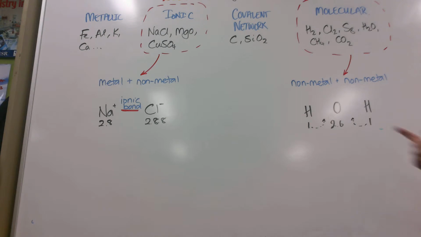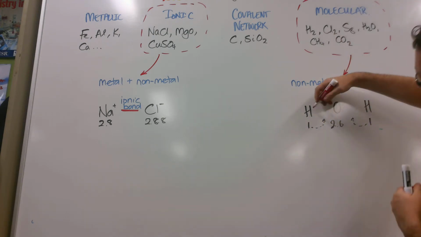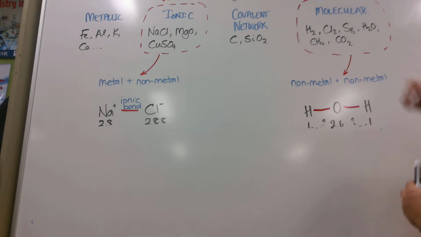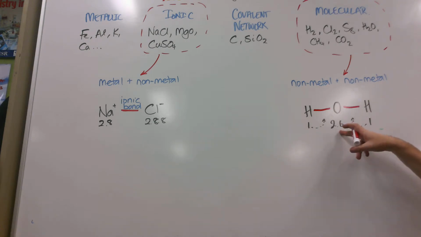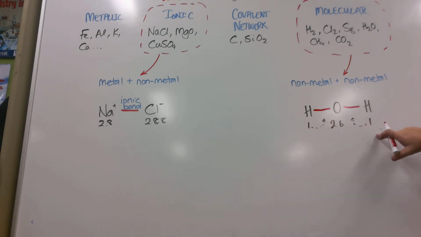And it gets shared between the hydrogen and the oxygen, and between the hydrogen and the oxygen. So I end up with, whoops, I'm going to use red for showing bonds, this. This ends up being 2, 8, and actually 2 of these electrons get shared back. So this one ends up being 2, 2, 8, and 2.